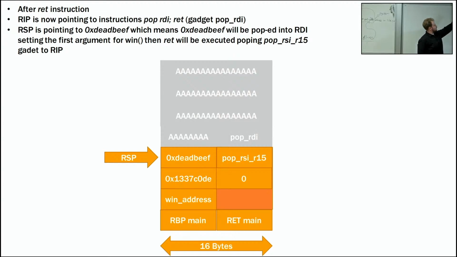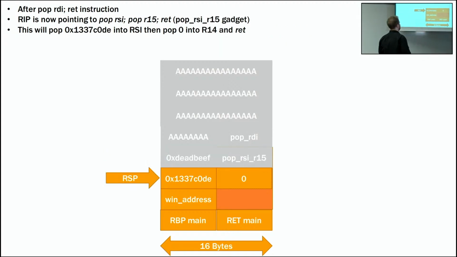No, deadbeef will be popped into RDI. So basically when pop RDI is being executed, deadbeef will be taken off the stack into RDI. And only then the return will be executed. So it will jump one address further, in this case to the pop RSI, pop R15, ret. So it will look something like this.